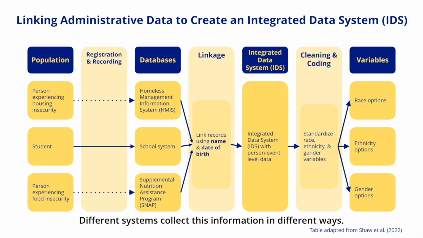Different systems collect this information in different ways. So when we link data on the same person across programs, we can end up with multiple versions of their race or gender. There's no clear rule about how to combine this information in a way that both supports equity and recognizes that race and gender are social constructs, not fixed traits.